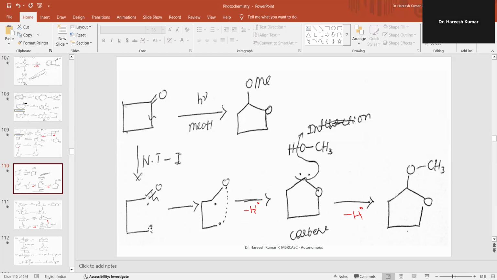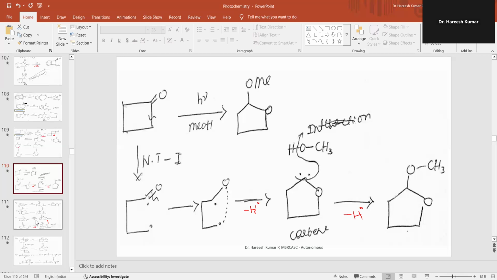The oxygen radical and the alkyl carbon radical form a 5-membered ether ring with the carbene radical formation. This carbene radical reacts with the alcohol, more particularly methanol, forming an ether product.